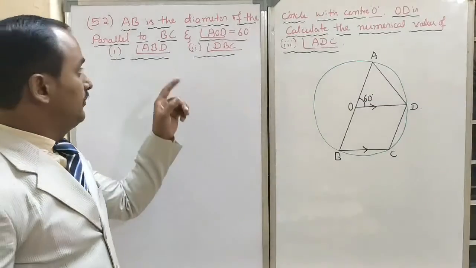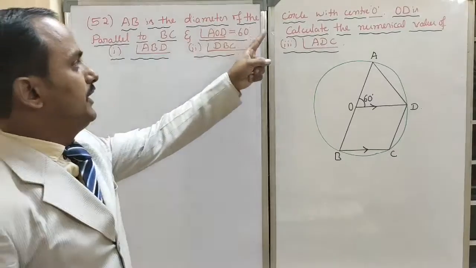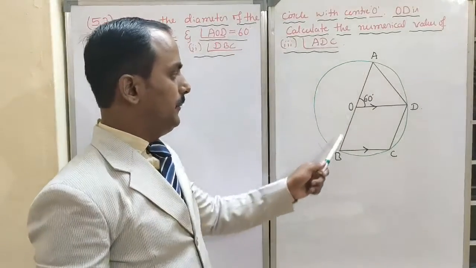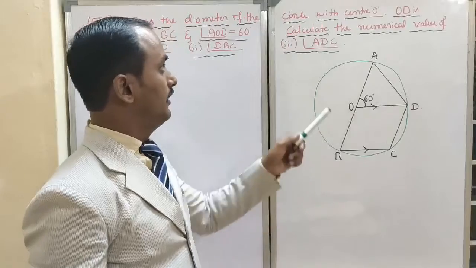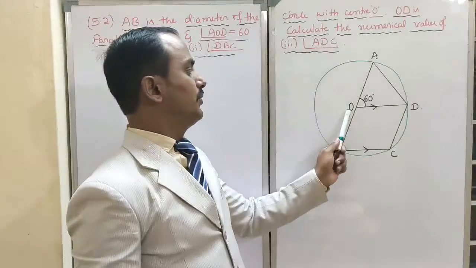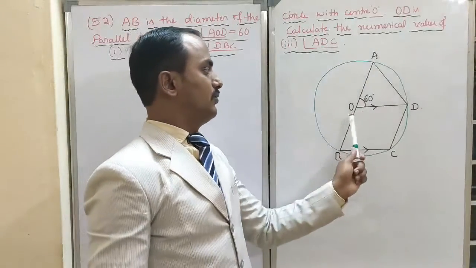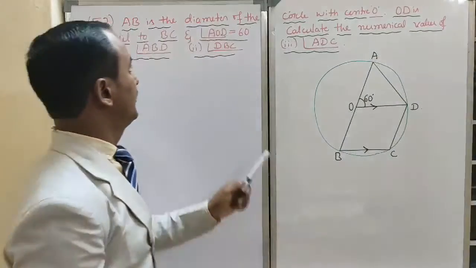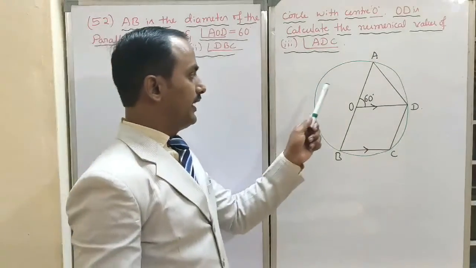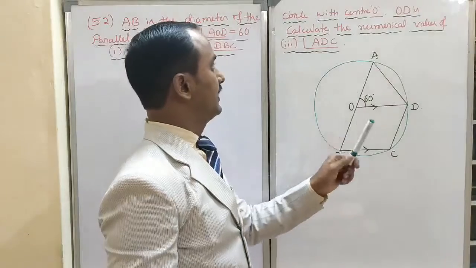52nd question, dear children. AB is the diameter of the circle with center O. OD is parallel to BC and angle AOD is 60 degree.